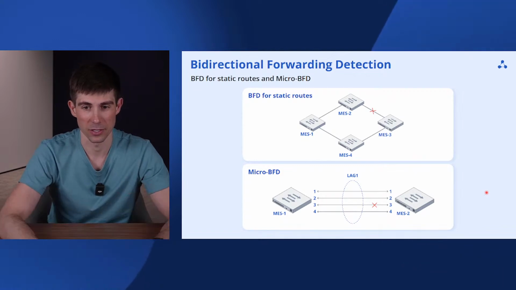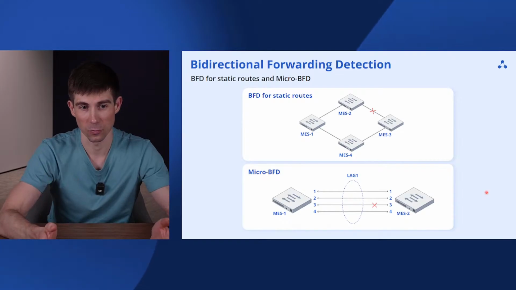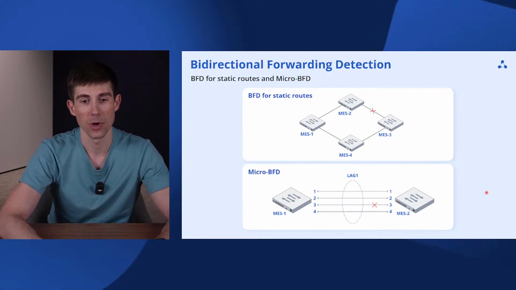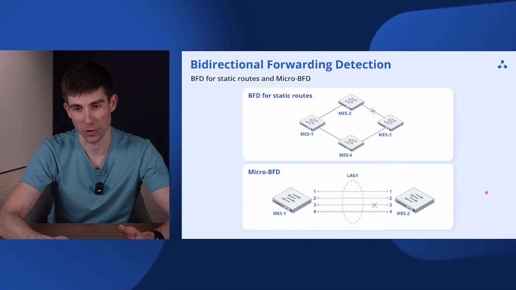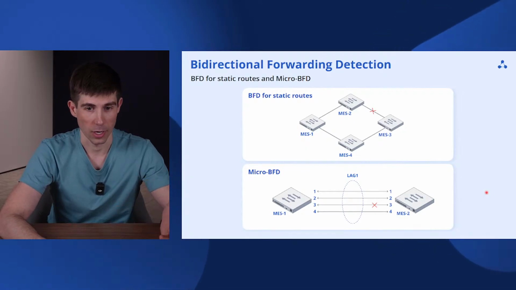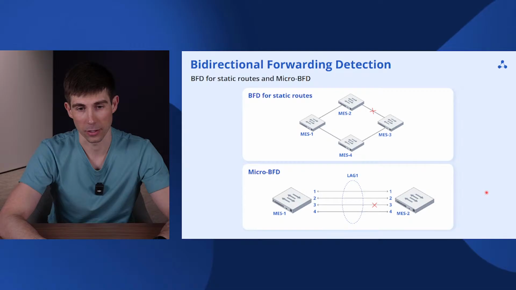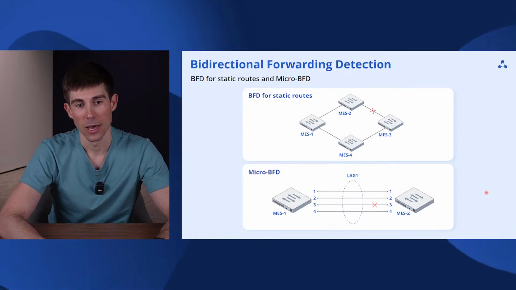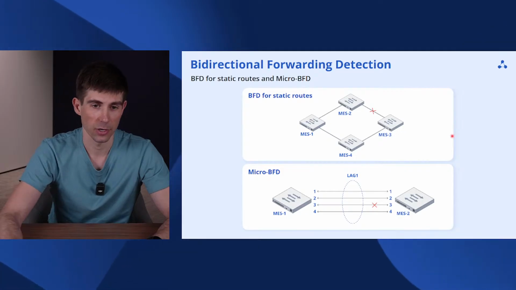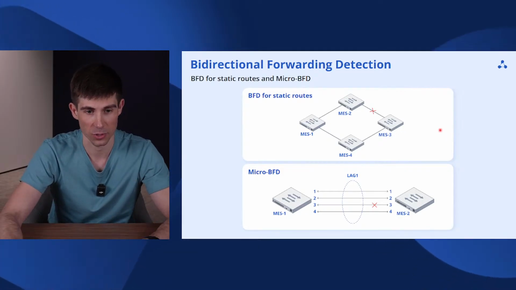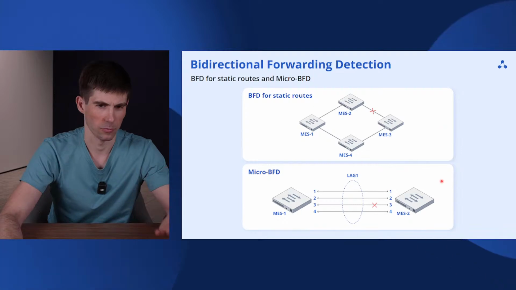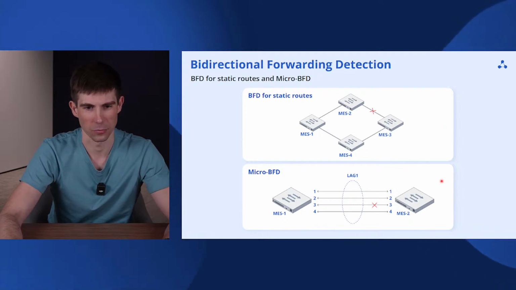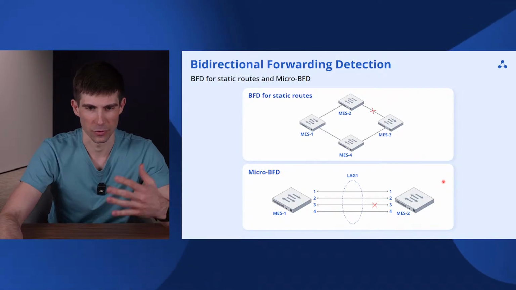The idea here is that we actually had BFD in place for quite a while on the ROS6 operating system, but this was for dynamic routing protocols, for protocols like BGP, OSPF, ISIS, and these two additions here, we have BFD for static routes and micro BFD, or as it's called, BFD for lag, or BFD over port channel.